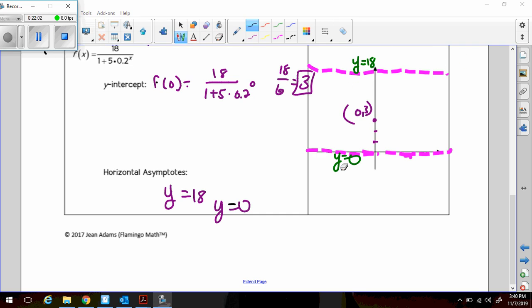Alright, so I just plugged in the horizontal asymptotes. Y equals 18 and y equals 0, which is the x-axis. And if you graph this, it looks something like this. So this is the horizontal asymptotes. This is the last one I'm going to do.